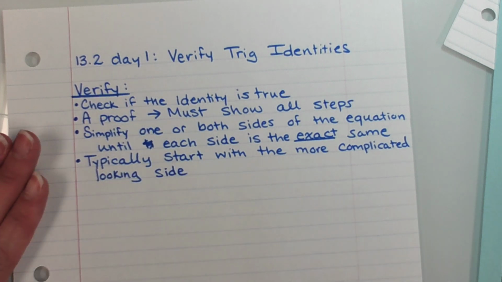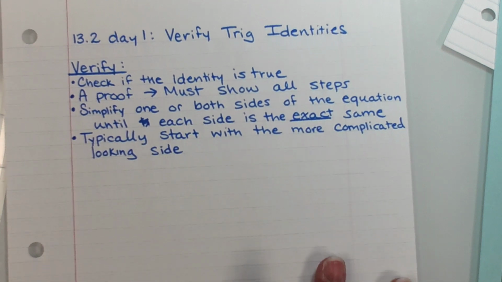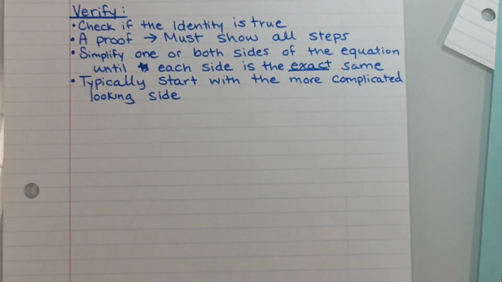Because if you start with the more complicated looking side, generally what you're going to end up doing is you're going to get things closer to looking like the other side first. If you start with the simpler side, you can, don't get me wrong, there's nothing wrong with it. You just might end up making your proof longer. Because there are an infinite number of ways to do all of these problems.